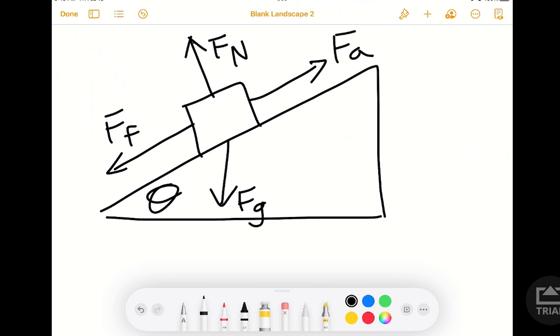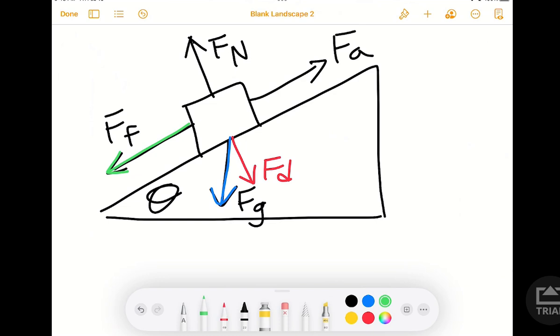So what we really want to know, rather than this force of gravity, which I'm going to show in blue, is instead this force of friction, which we need to figure out, and we want to know this one that's working straight contrary to the normal force, this other directional force. I'll just call this one FD.